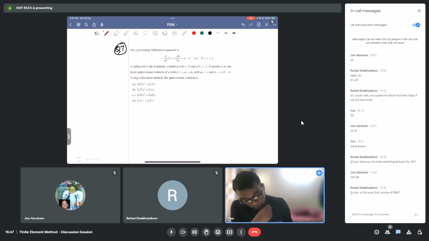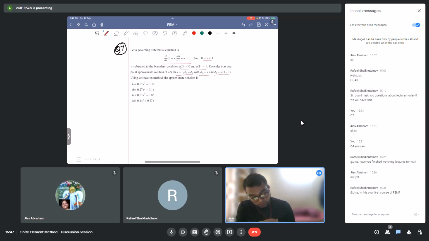We have a governing differential equation given as this with the domain and the boundary conditions, and similarly one-point approximate solution with phi naught this time as x and phi 1 as x times 1 minus x. Now this time we need to find the approximate solution using the collocation method.